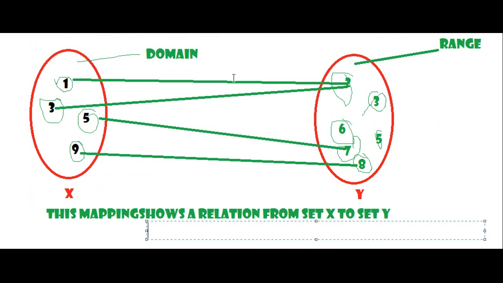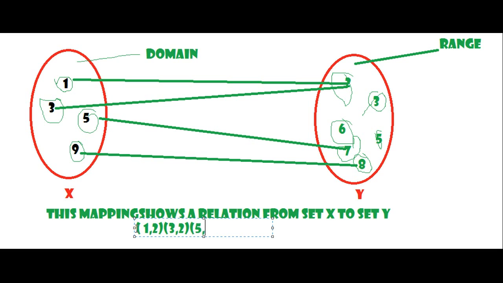This relation: 1 comma 2, then 3 comma 2, 5 comma 7, because 5 is mapping into 7, 9 is mapping into 8, so we write 9 comma 8. This is the relation of the set x to y. The relation consists of the ordered pairs (1,2), (3,2), (5,7), (9,8).